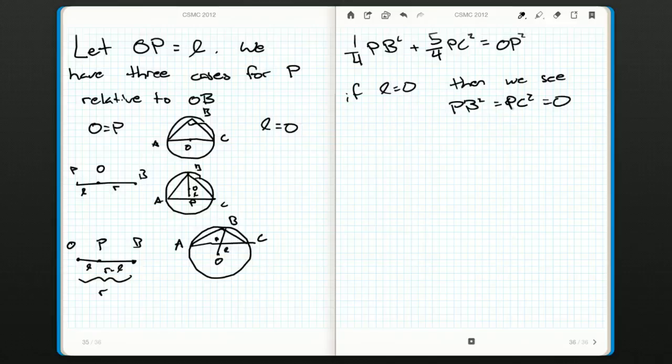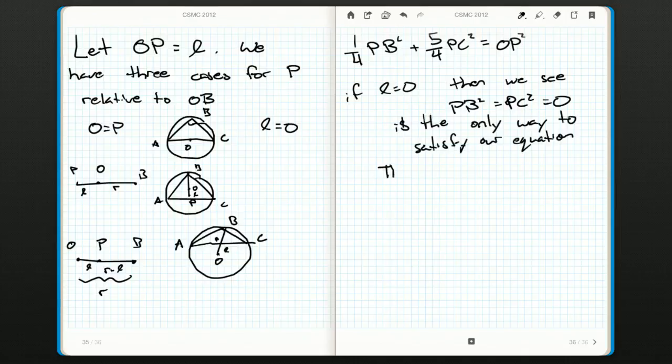That's the only way we would be able to satisfy the equation. So O and P don't coincide. We don't have a right angle at B. That's okay.